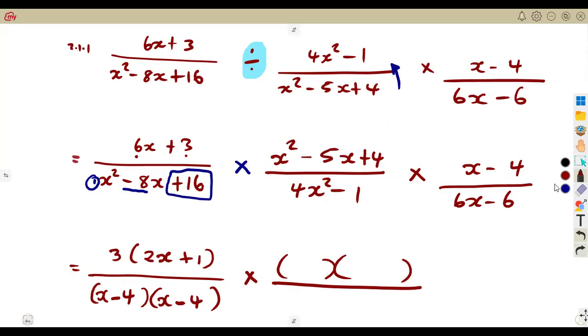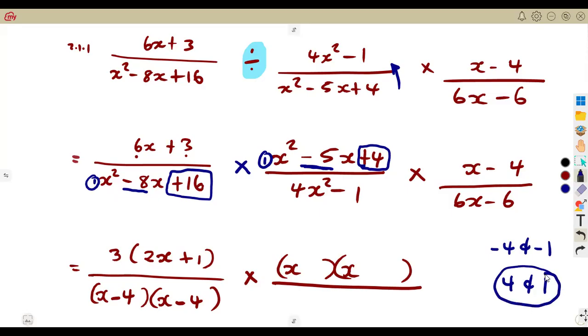Another quadratic expression, and also the coefficient of x squared is 1. So it was going to be advantage because we've got x and x here. Then we consider the constant. That's 4. Two products, which will give us a 4. But these products must add to negative 5. So we've got negative 4 and negative 1. 4 and 1 will give us 5 if we add, but in this case, we need a negative 5.